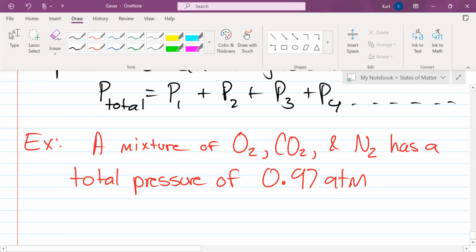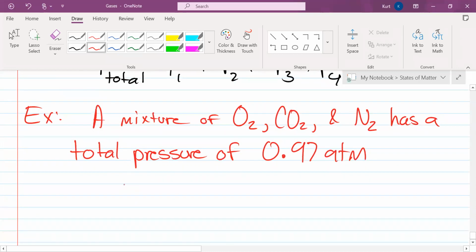So what this is going to look like, guys, is let's call oxygen A, let's call carbon dioxide B, and let's call nitrogen C. All this is going to be is A atmosphere plus B atmosphere plus C atmosphere is going to equal 0.97 atmospheres. That's all this is.